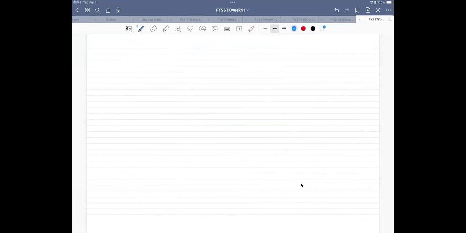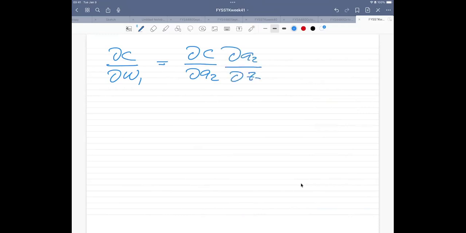And then when we now have these parameters, we know that dC/dW1 is just a repeated use of the chain rule. So we are going to have dC/dA2. This is where we started. We have dA2 with respect to dC2.